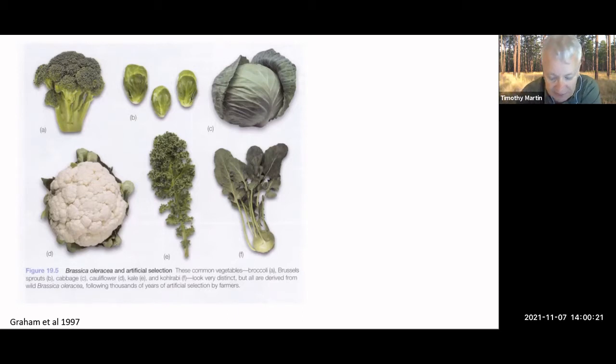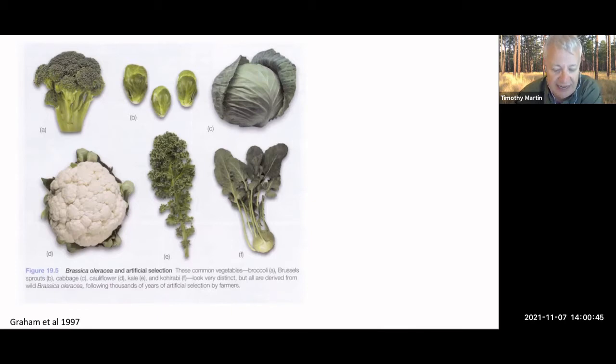So genomes are remarkable things, and genetic variation is remarkable. So that's almost always there, although we will talk about some exceptions, some species where there's actually not a lot of genetic variation, but those species are sort of exceptions to that rule.